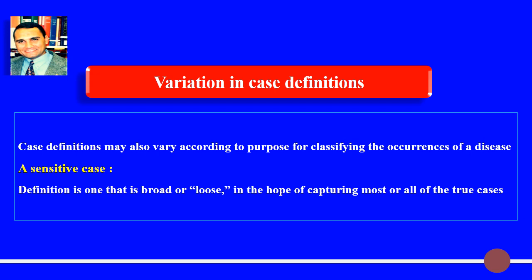Variations in case definitions. Case definitions may also vary according to the purpose for classifying the occurrence of any disease. For example, veterinary authorities or medical health authorities need to know as soon as possible if any animal or any person has symptoms of lumpy skin disease, foot and mouth disease, equine influenza, brucellosis, or tuberculosis.